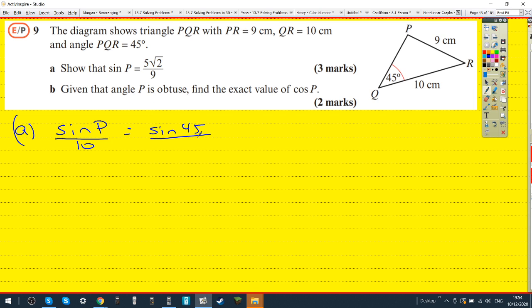And then could you just put that into the calculator? They gave you the answer. Sine 45 over 9, that's equal to square root 2 over 18. So sine P over 10 is equal to square root 2 over 18.